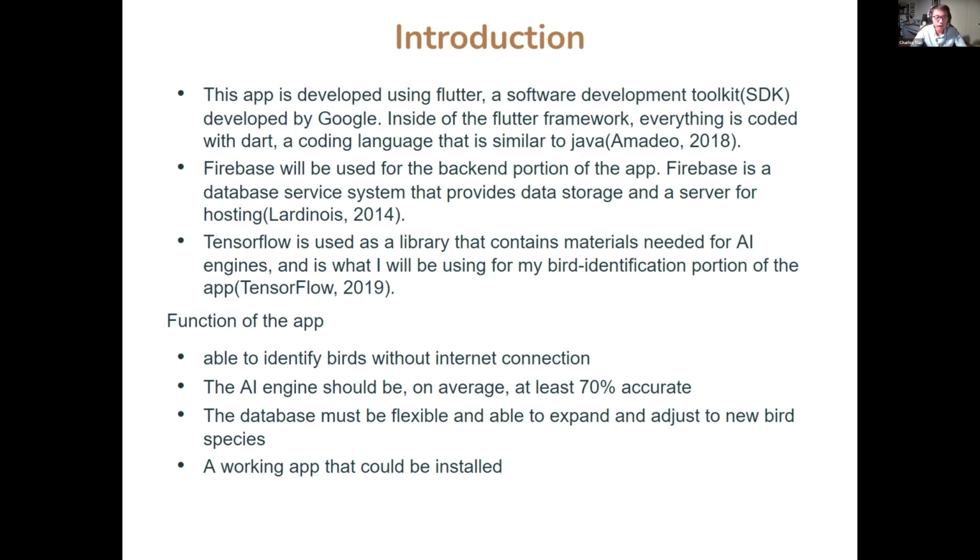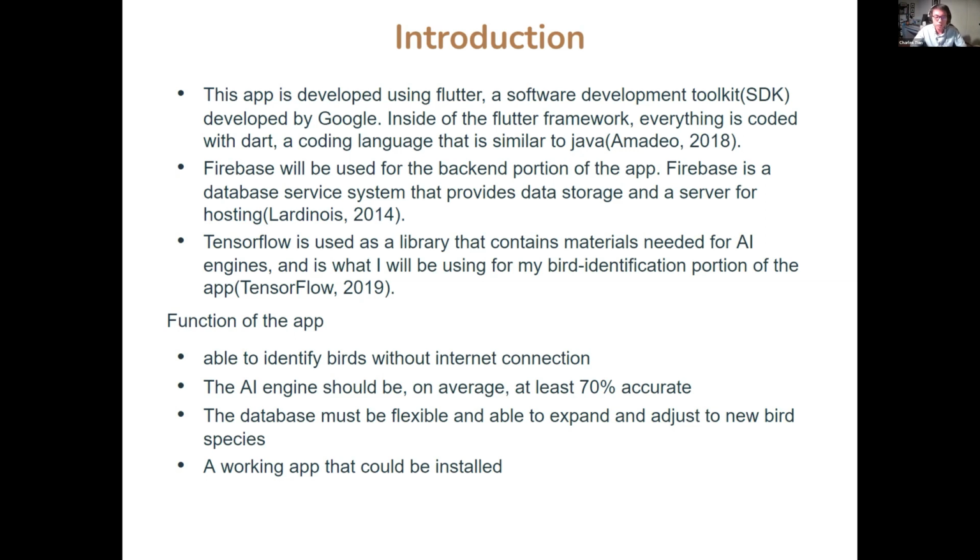And the goal of my app and its functions are being able to identify birds without internet connection. The AI engine should be on average at least 70% accurate, and then the database must be flexible and able to expand and adjust to new bird species.